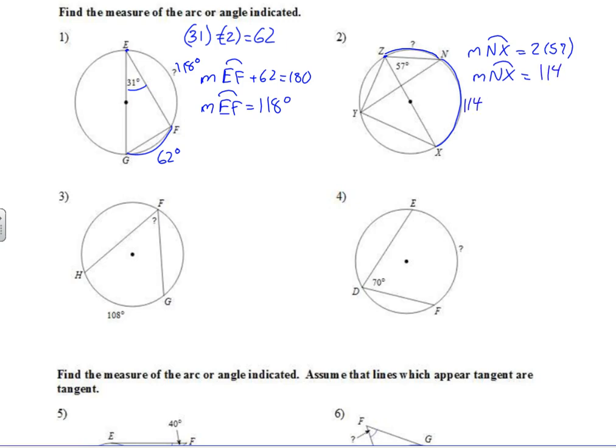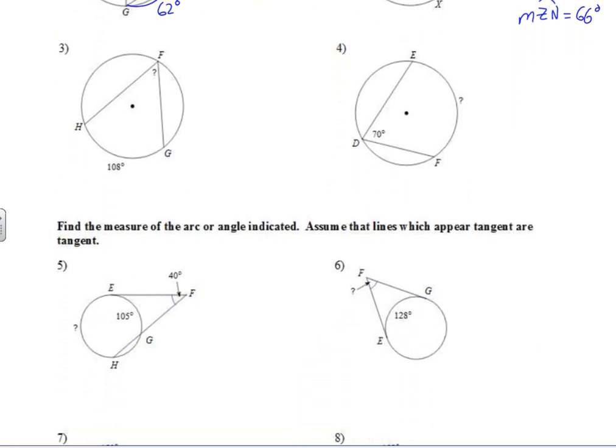So now, what we're looking for, the measure of arc ZN plus 114 has to equal 180. So the measure of arc ZN is 66 degrees. All right, there we have it.